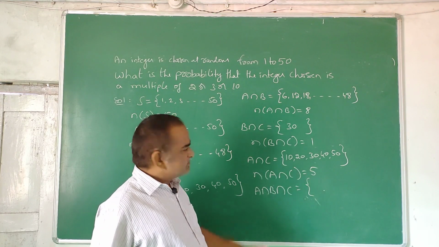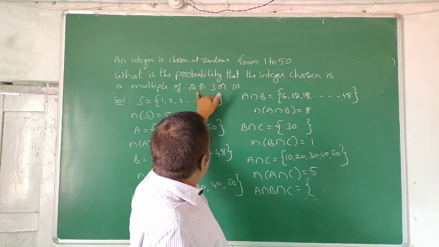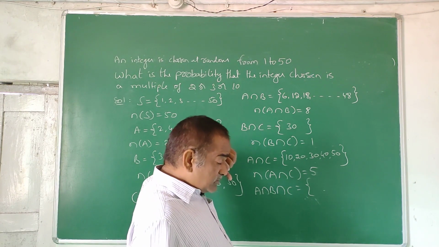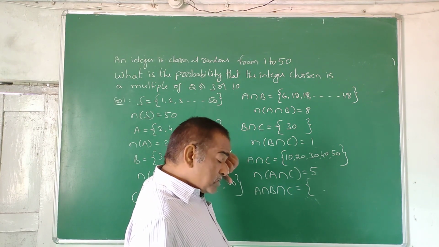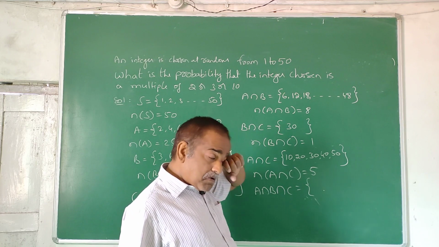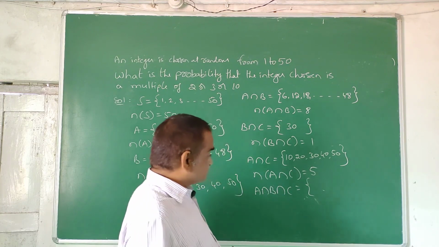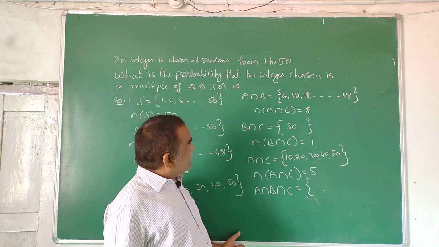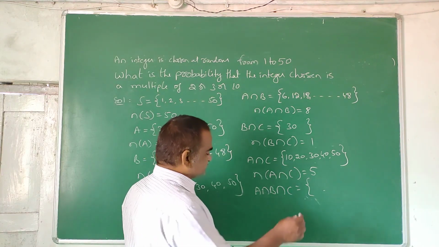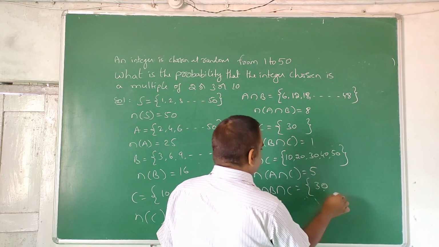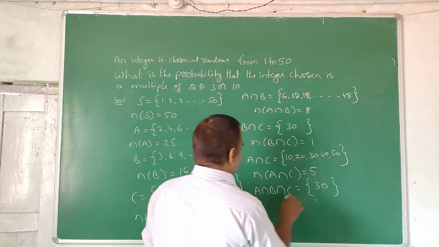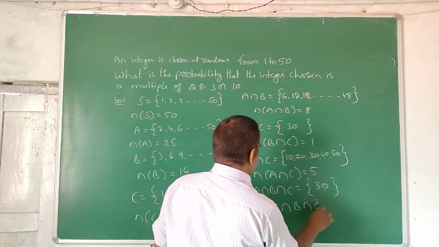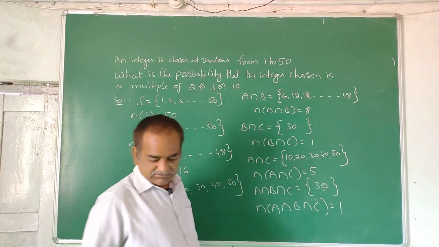So multiple of 2 and 3 and 10, so what is that? It is nothing but multiple of 30. So 30 is the only number you get. So n(A intersection B intersection C) is equal to 1. Did you understand?